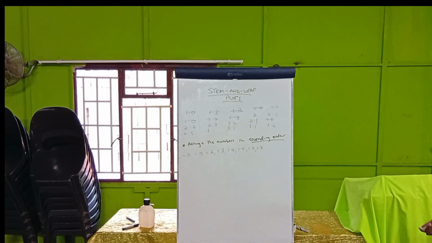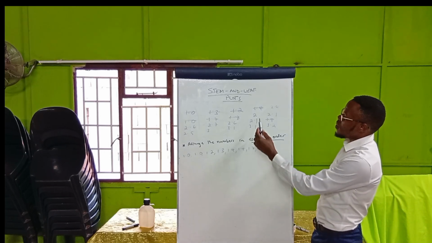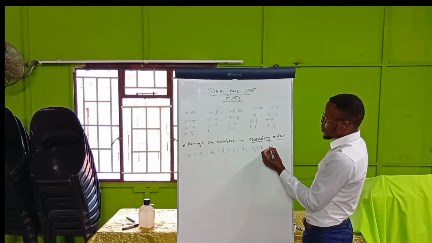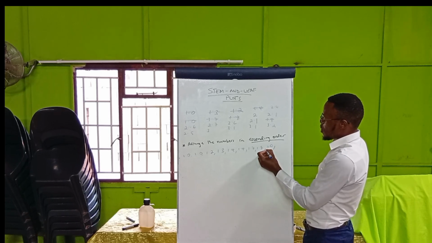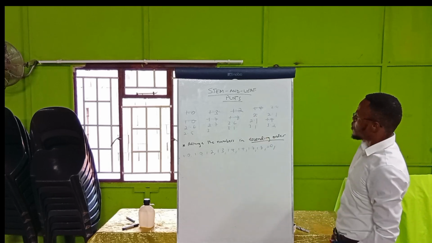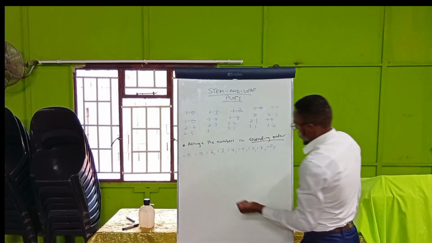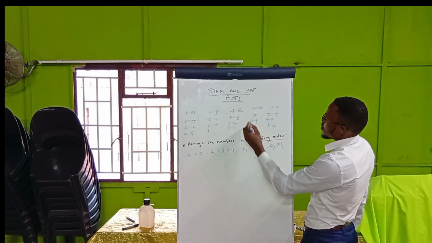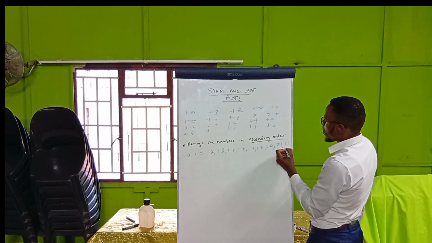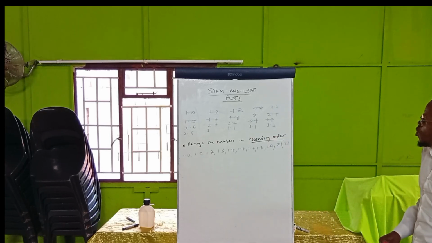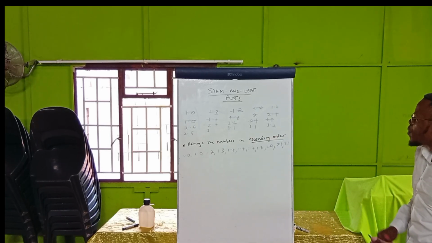1.8. 1.9. Then we have the 2. Now remember, this is the same as 2.0, so you can write it as 2.0. Do we have another 2.0? None. Then 2.1. There's one there and another one there, 2.1 again. Do we have a 2.2? No. 2.3?